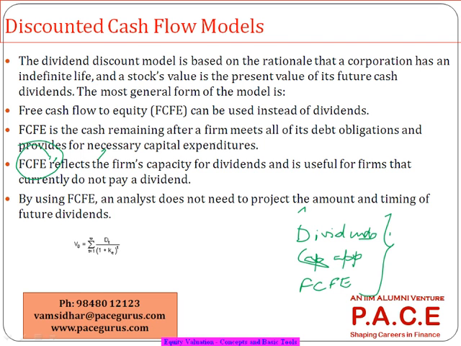So we have already discussed free cash flow to the equity. Definition-wise, when I talked about free cash flow to the firm, we said cash flow from operations minus the interest into 1 minus T, and we also removed the capex, which is the investment in tangible assets.